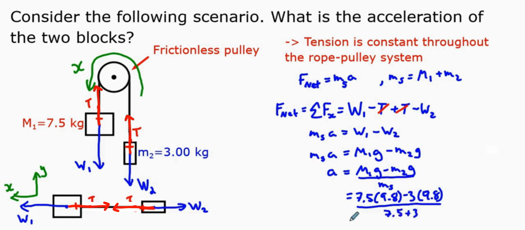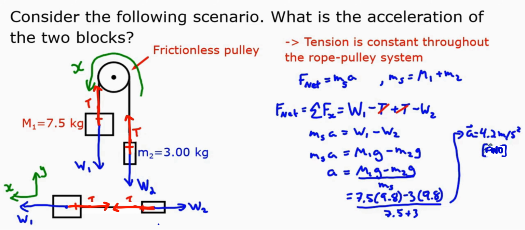If we do this, my acceleration is going to be equal to 4.2 meters per second squared, and this would be in some type of forward direction. It would be down on the left and up on the right, or in our positively defined forward direction.